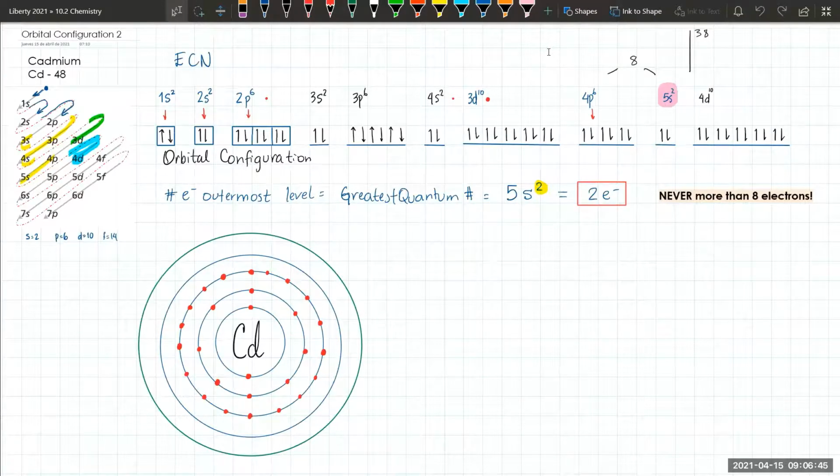Again, 18. I have 2 plus 6, which makes 8, plus the last 10, which is 18. So another 18.